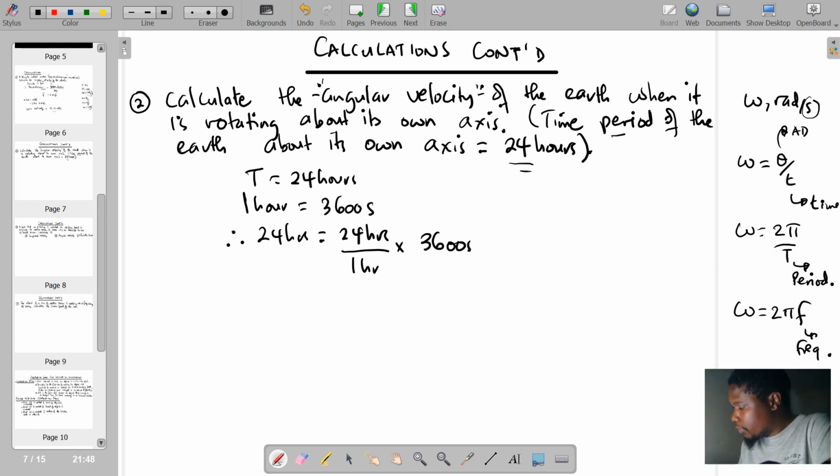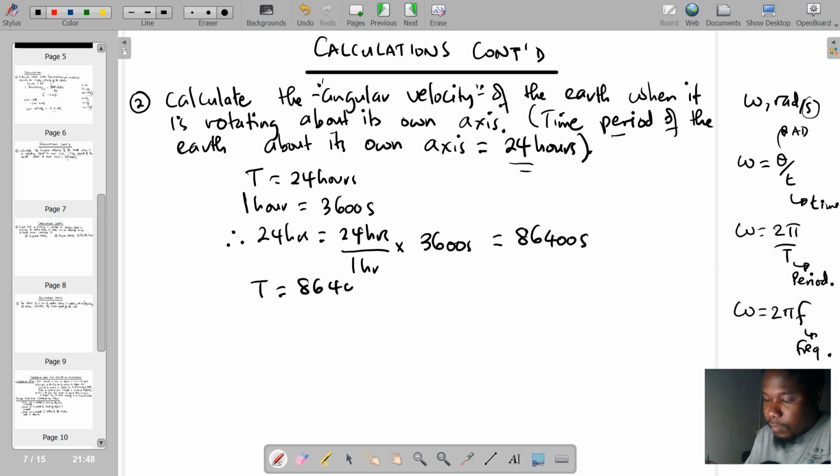When you multiply those two things, what you end up getting is 86,400 seconds. This is equivalent to 24 hours. So time period is 86,400 seconds.